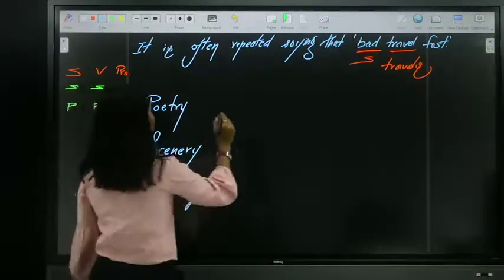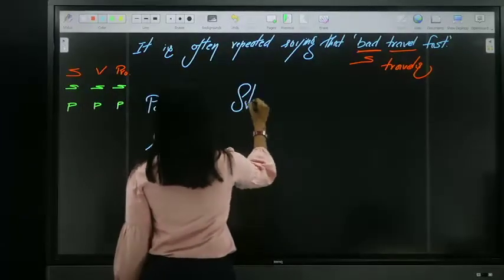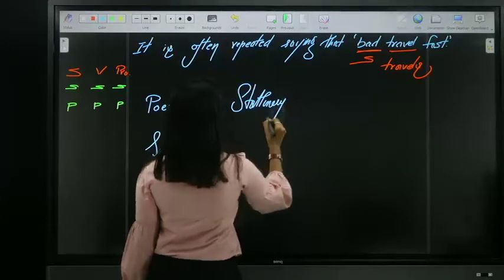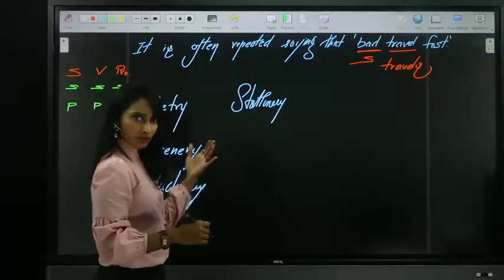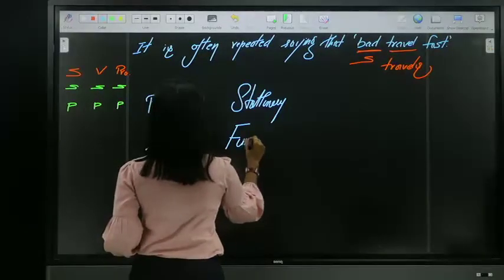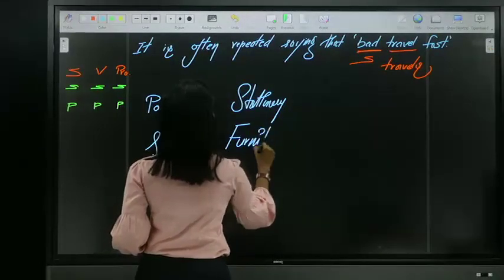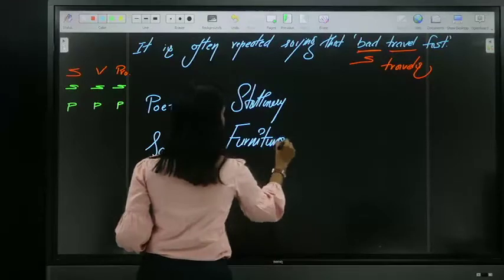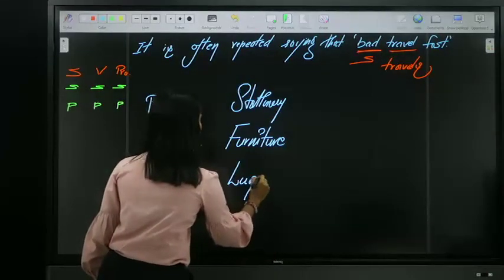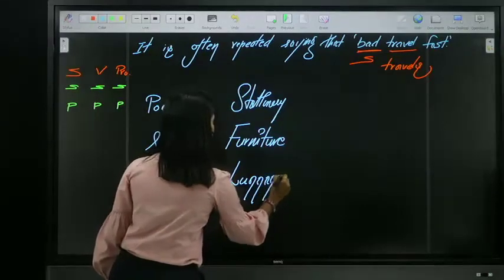Singular. Stationery. The books, pens, what we buy, is again singular. Furniture. Singular. Luggage.